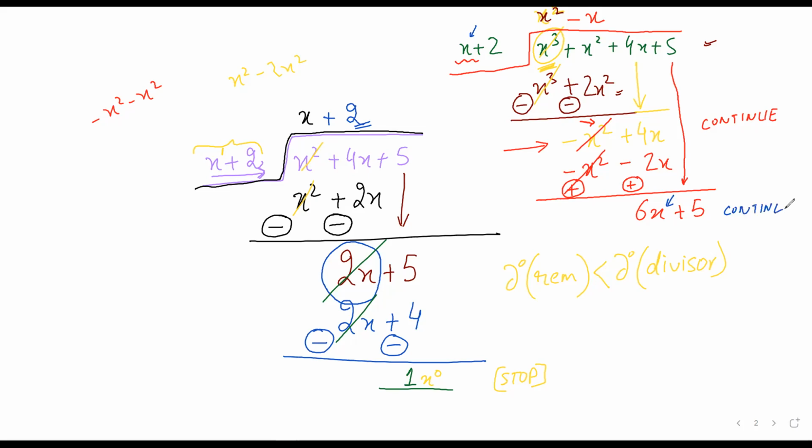Any doubt till here? No, sir. This is what we want: the degree of the remainder should be less than the degree of the divisor. Even if it is equal, still the process will continue. Sarthak, any doubt till here? No, sir.